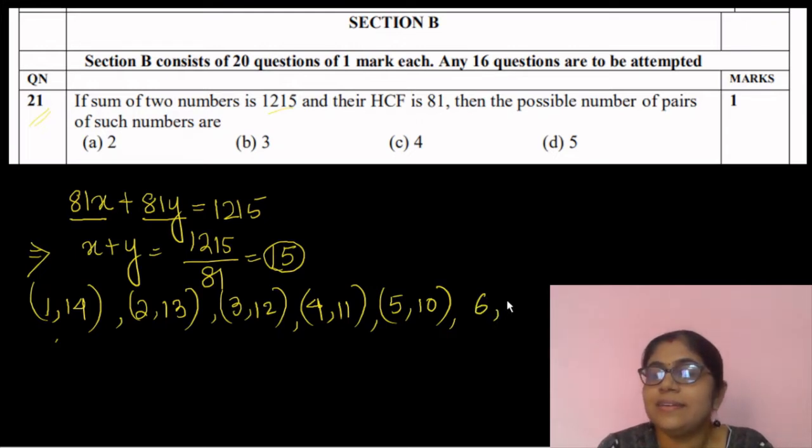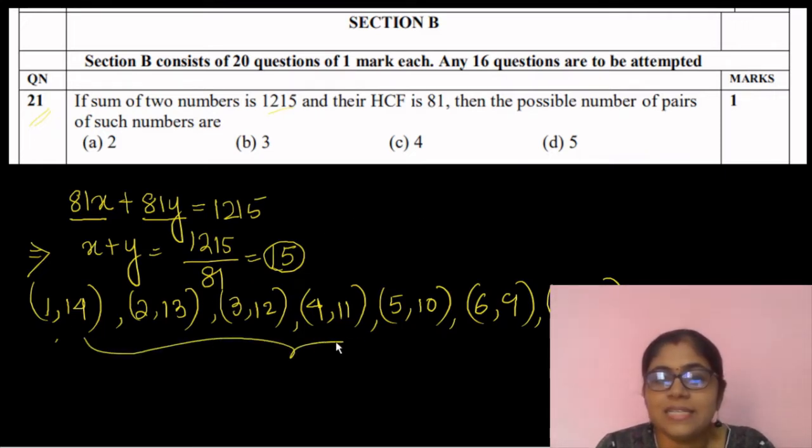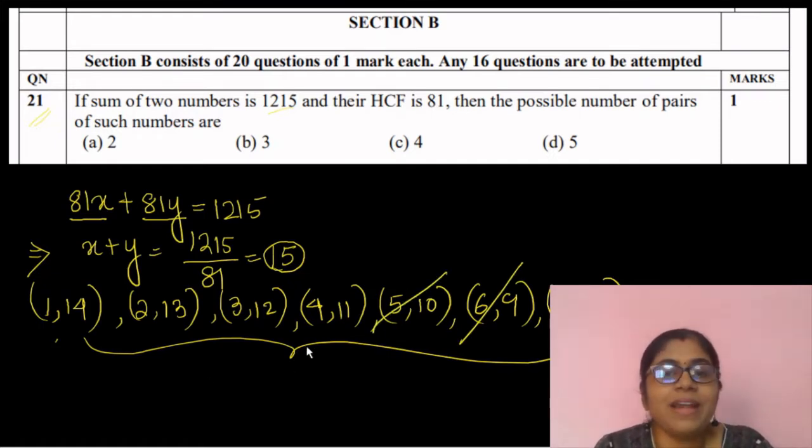6 and 9, 7 and 8. And if you reverse, then the same numbers will come. And from these pairs, 6 and 9 is not possible because another multiple will come. 5 and 10 is not possible and 3 and 12 is not possible.